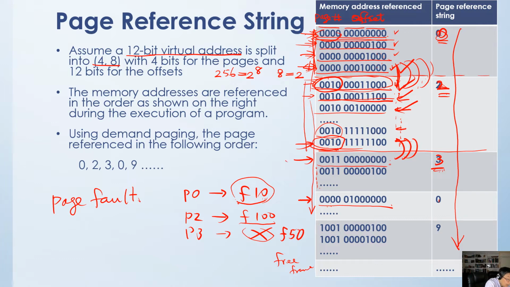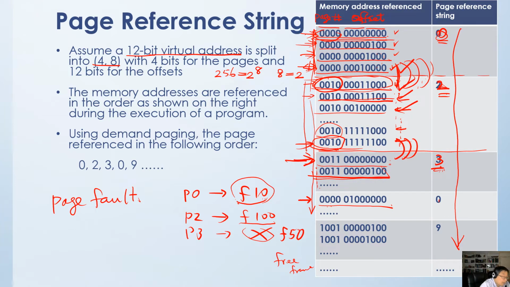Once page 3 is loaded into frame 50, it's in memory now. So for the next instruction, which is also located in page 3, page 3 is already in the physical memory. So you can just check the page table and map the logical virtual memory address into the physical memory address.